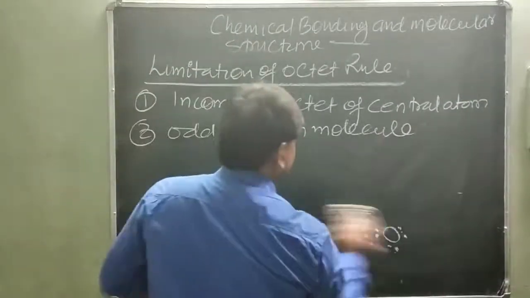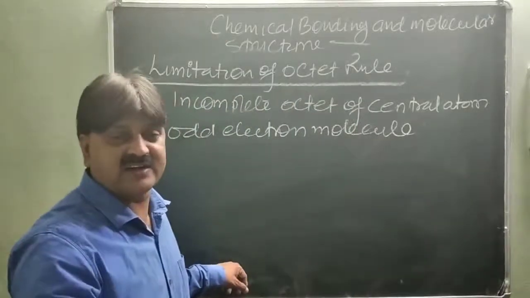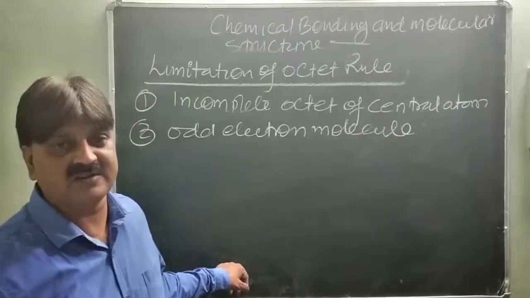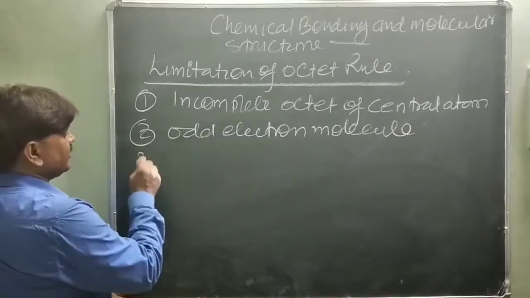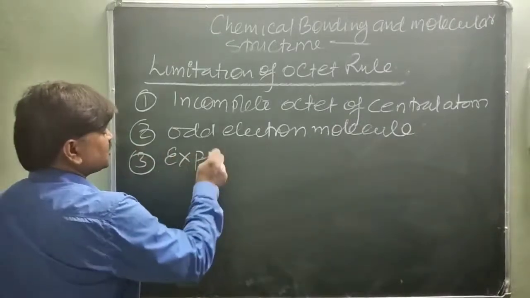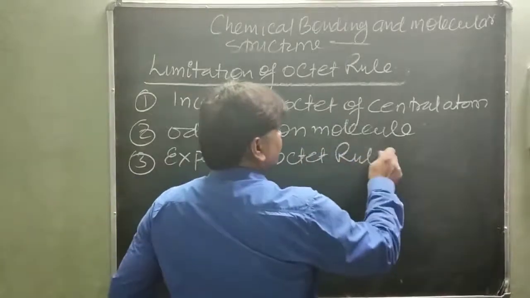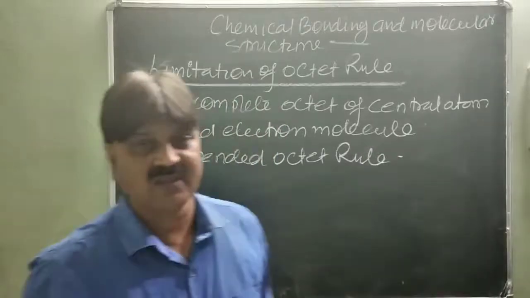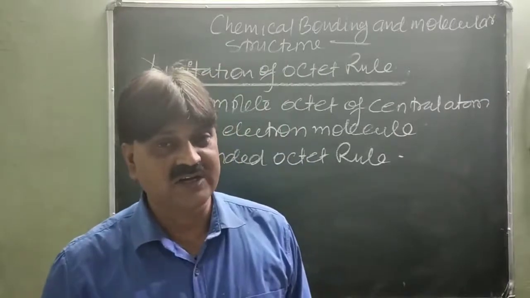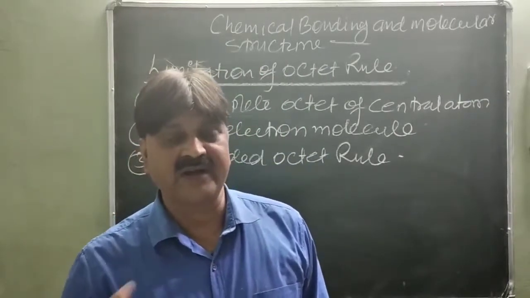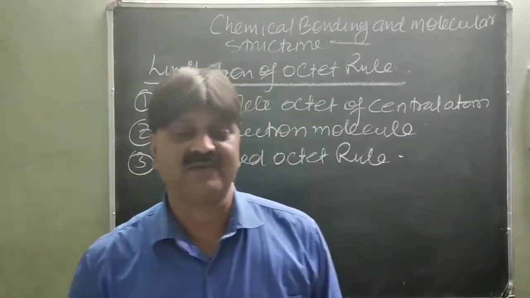Another, the third, is the expanded octet rule. Expanded means more than 8 electrons are present in the outermost shell of an atom after the covalent bond. Some molecules have atoms with more than 8 electrons in their outermost shell. The Lewis approach was that every element tries to maintain a stable structure by gaining 8 electrons, by sharing or by loss or gain of electrons.